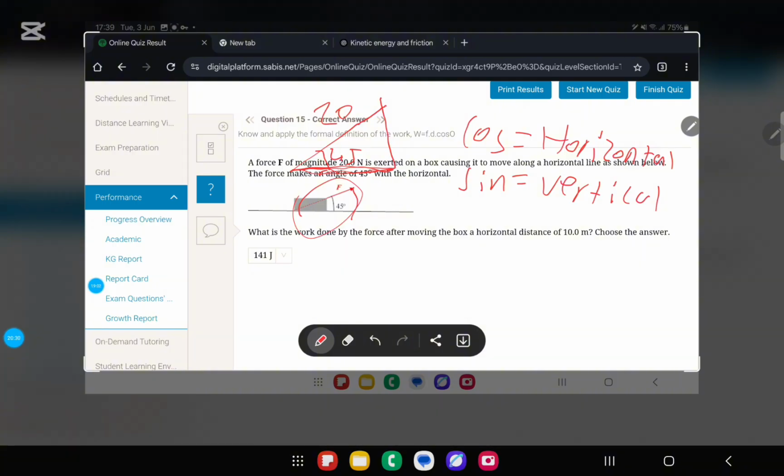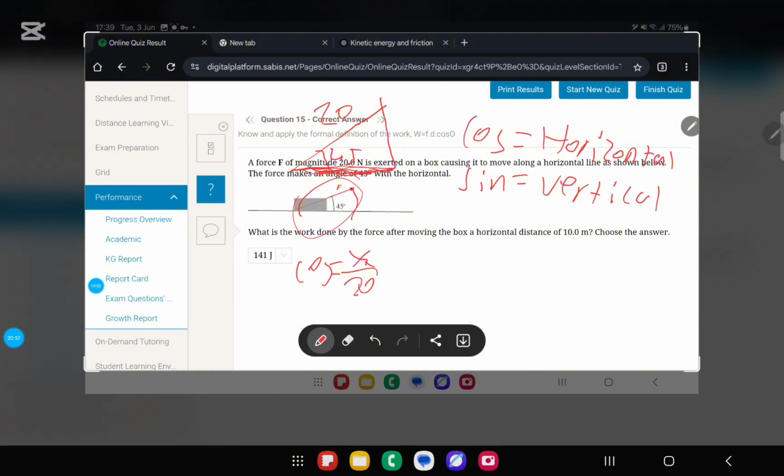So we do SOHCAHTOA. We do adjacent over hypotenuse. The adjacent, what we're trying to find, x, over hypotenuse 20. So that's for cosine. You're trying to find this x. You don't actually do this in the exam. I'm just, again, giving you a brief overview of how things work.